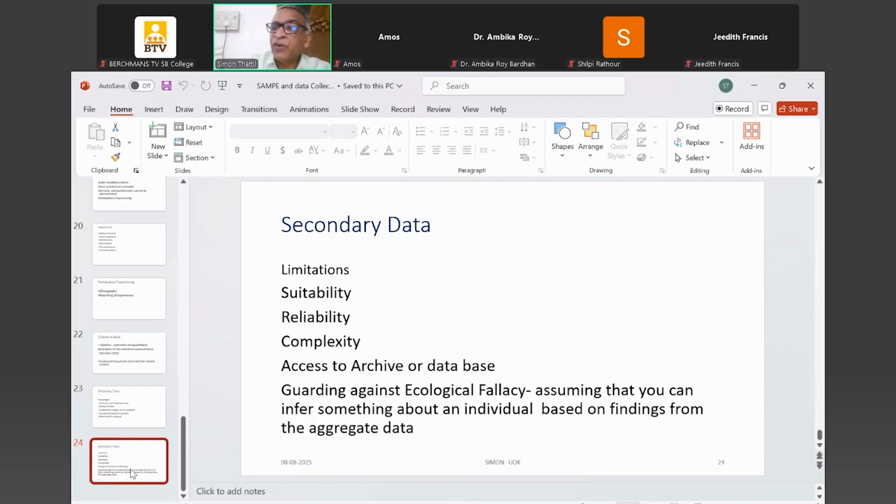Are you just finding out characteristics? Are you trying to dig into something? Are you going into an experimental cause-effect relationship? Are you going into an evaluation where an intervention is measured, like when we were talking about training yesterday? And once that is decided, in tune with that, you select your method.